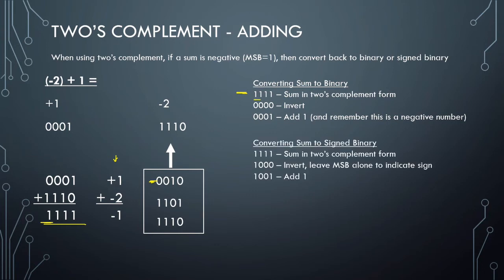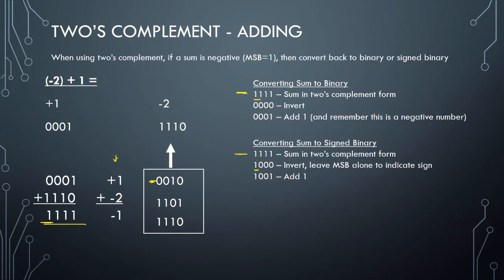Another way to do it is we can convert the sum to signed binary, if we still want that most significant bit to represent the sign. Same thing, starting with 1111. We invert everything, but we leave our most significant bit. Just like when we convert to 2's complement, if we start with a signed binary number, we leave that most significant bit alone.